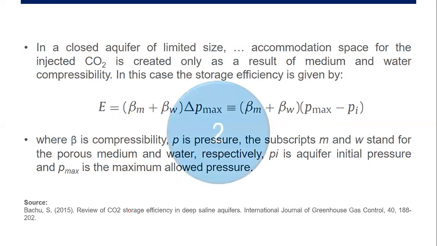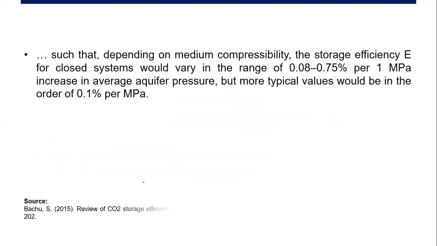And the second one: depending on the medium compressibility, the storage efficiency E for a closed system would vary in the range of 0.08 to 0.75% per 1 MPa increase in average aquifer pressure. But more typical values would be in the order of 0.1% per megapascal.